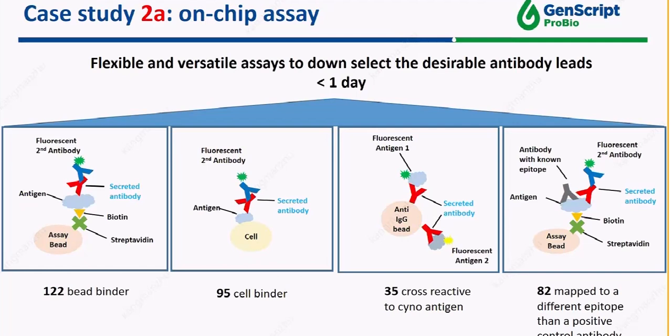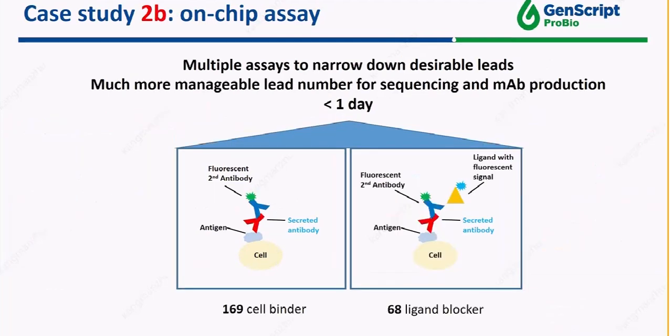Despite the different types of assay, this process is still completed within less than 1 day. The multiple assay types are not only useful to scale up the information content we can collect about each lead, but also critically important to narrow down the desirable leads and identify a much more manageable lead number for sequencing and mAb production.